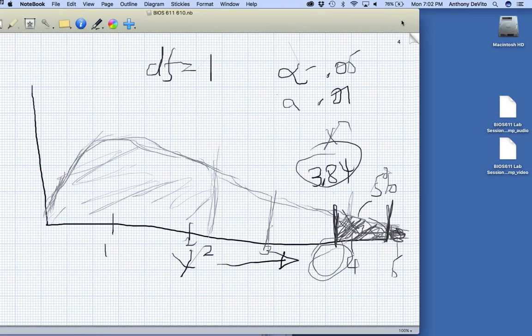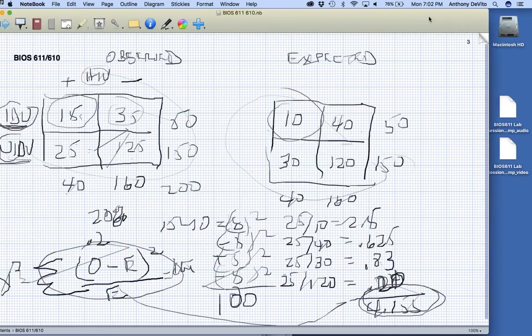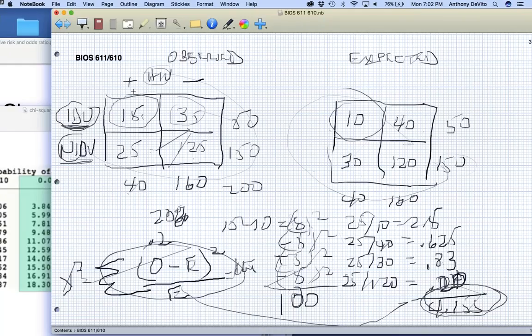Let me go back to our table. Okay, what does that do to our table? What that does to our table now is that we still have 2 genders. Right, we still have 2 values for gender, male and female. But now we can have left-handed, we can have right-handed, or we can have ambidextrous.